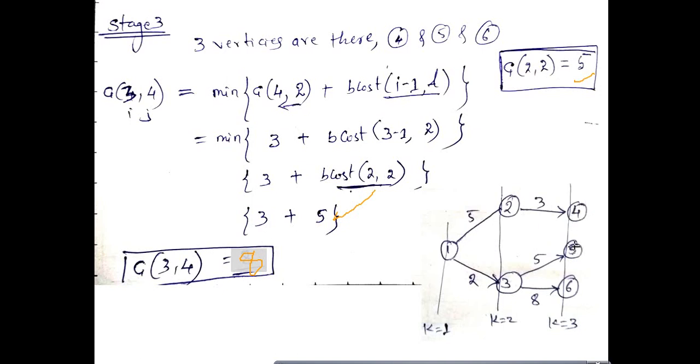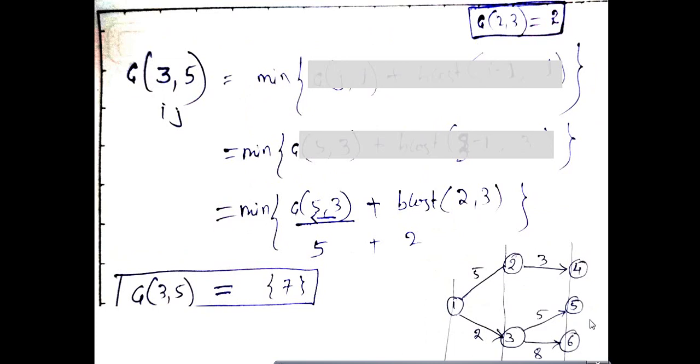Now we will calculate the fifth vertex. How to write? Third stage, fifth vertex. Then apply the formula j comma l plus B cost I minus 1 comma l. So what is the j value here?